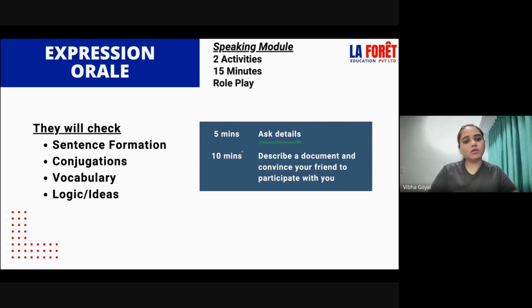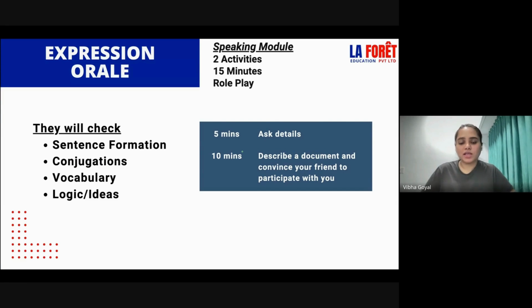The examiner will give you a document, for example an ad, and you have to ask details related to the document. This would be a telephonic conversation. It won't be face-to-face. Your exam will be face-to-face, but the role play has to be a telephonic conversation in most cases. Unless said otherwise, it is going to be telephonic.